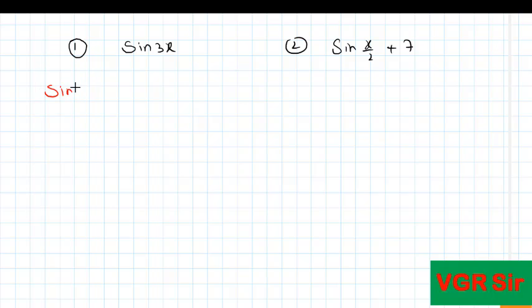Instead of x, take care, you write t plus x. This should be equal to sin 3x. We should find such a t. First of all, this can be written as 3t plus 3x equal to sin 3x. So instead of this 3t, we can write 2 pi, 4 pi.